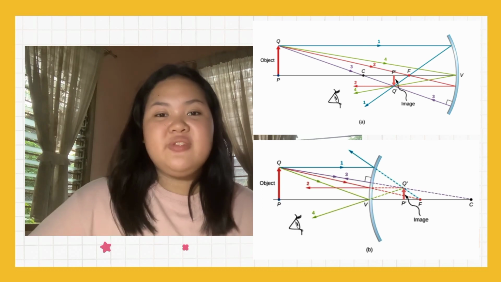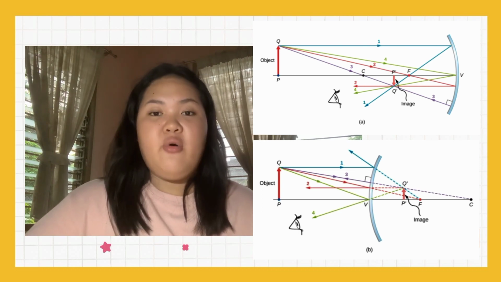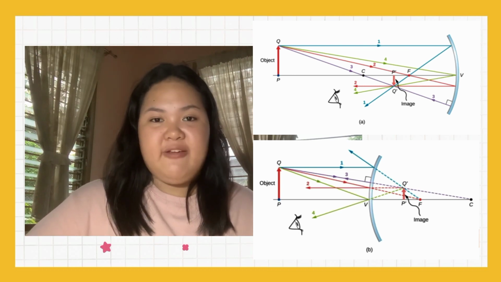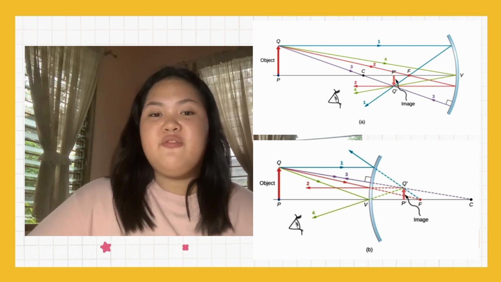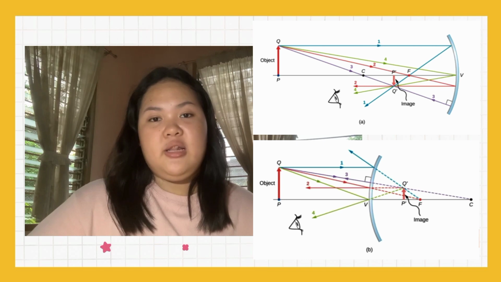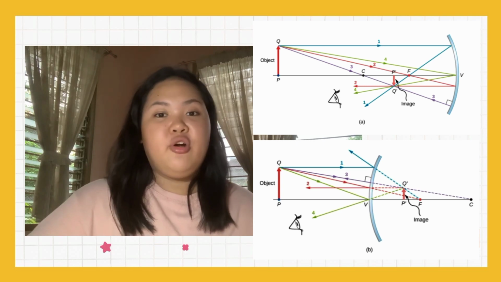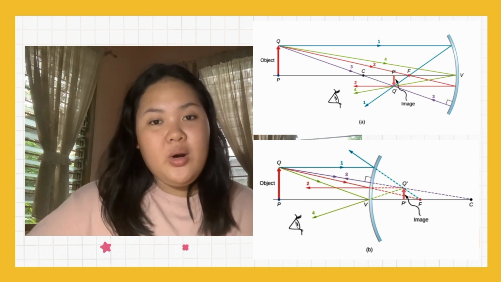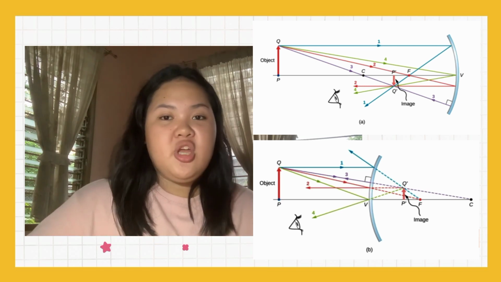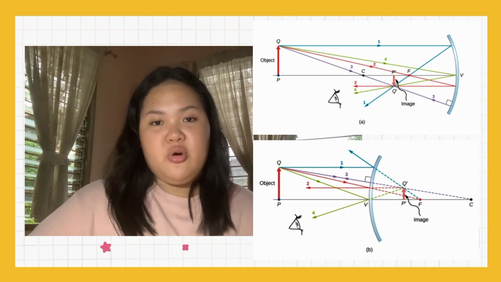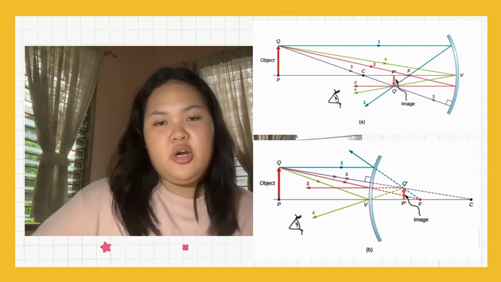The reflection of this ray must pass through the focal point in the case of a concave mirror. So the reflection of principal ray 1 goes through the focal point F. In the convex mirror, the backward extension of the reflection of principal ray 1 goes through a virtual focus, or a point behind the mirror.